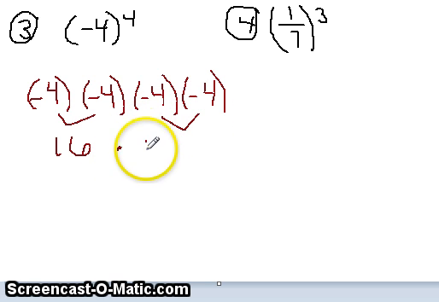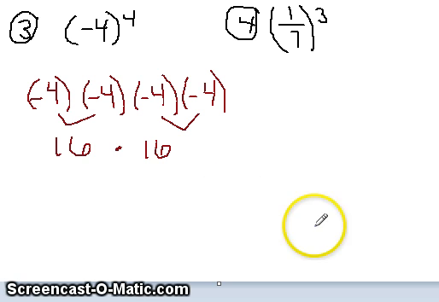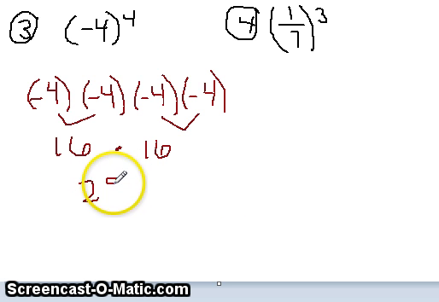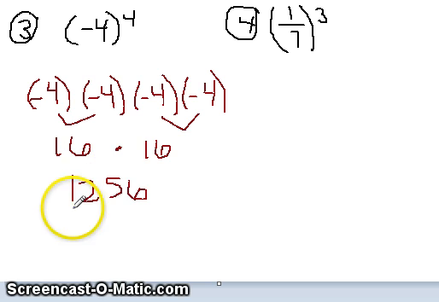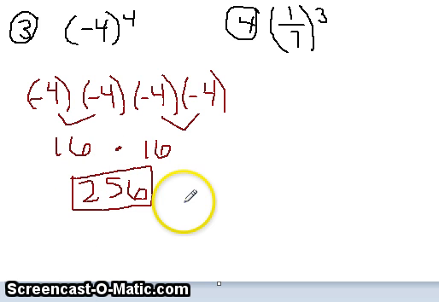Negative 4 times negative 4 is positive 16. So now I'm just going to do 16 times 16 as my final answer, which gives us 256. So remember, we were evaluating, so we did want to actually get a final value for our problem. And that would be it for number 3.